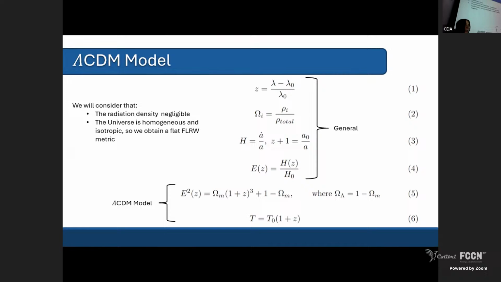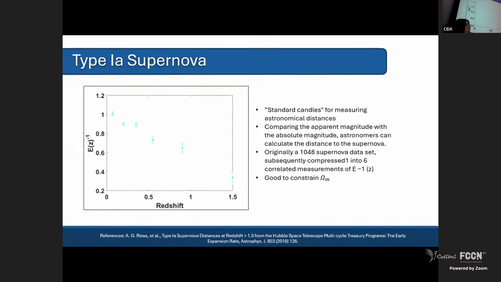Now I'll talk a bit about the data that we will use. We'll use type Ia supernovae. This is usually used because, firstly, it occurs in binary star systems, when one of the stars collects mass from the other and becomes a supernova when it cannot handle it anymore.